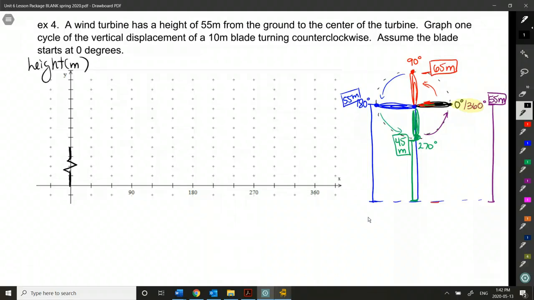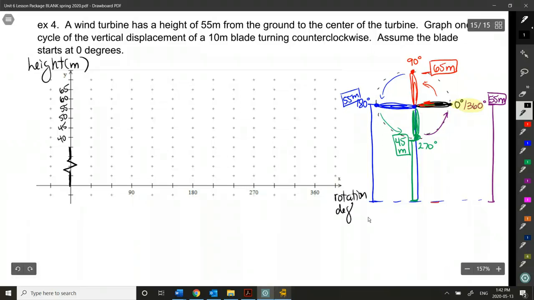This way we can do 40, 45, 50, 55, 60, 65, just to get a zoomed in version. So this just means we're taking the bottom part of that y-axis and crunching it down. And this is going to be our rotation in degrees.